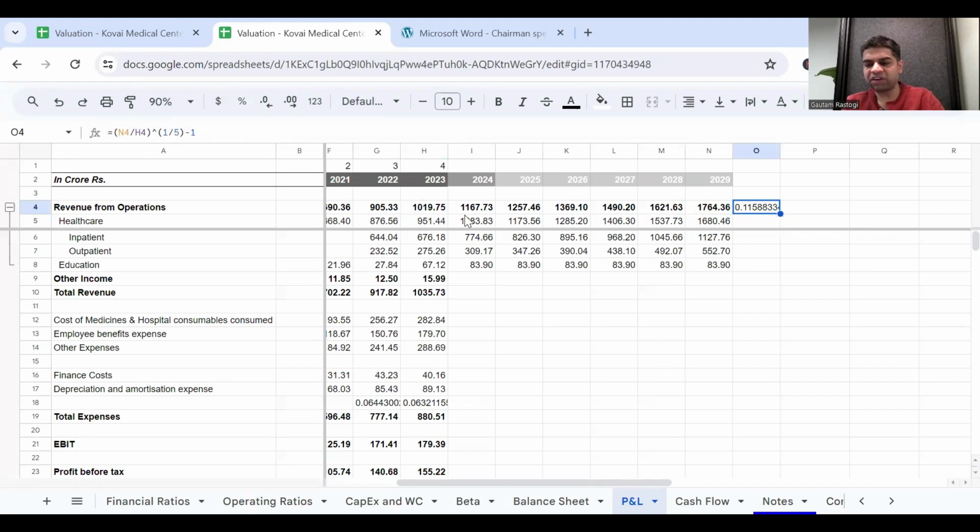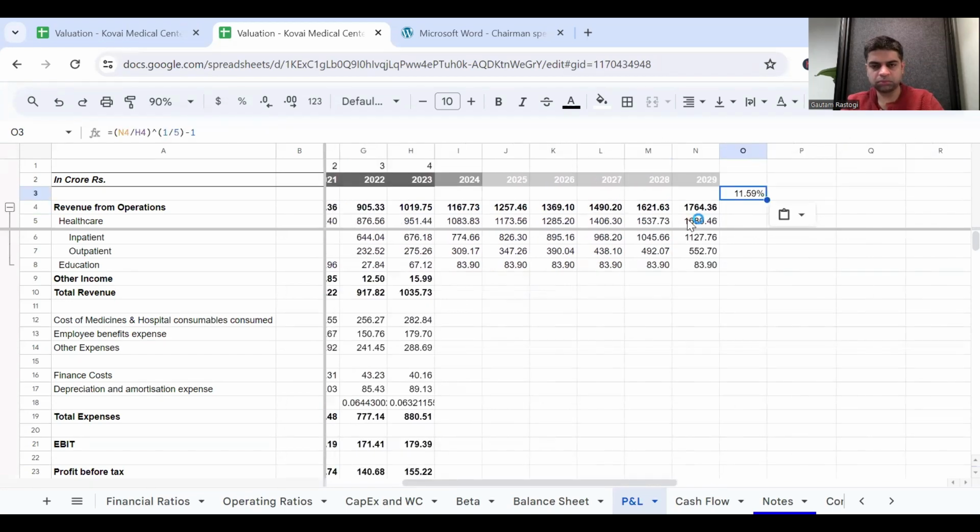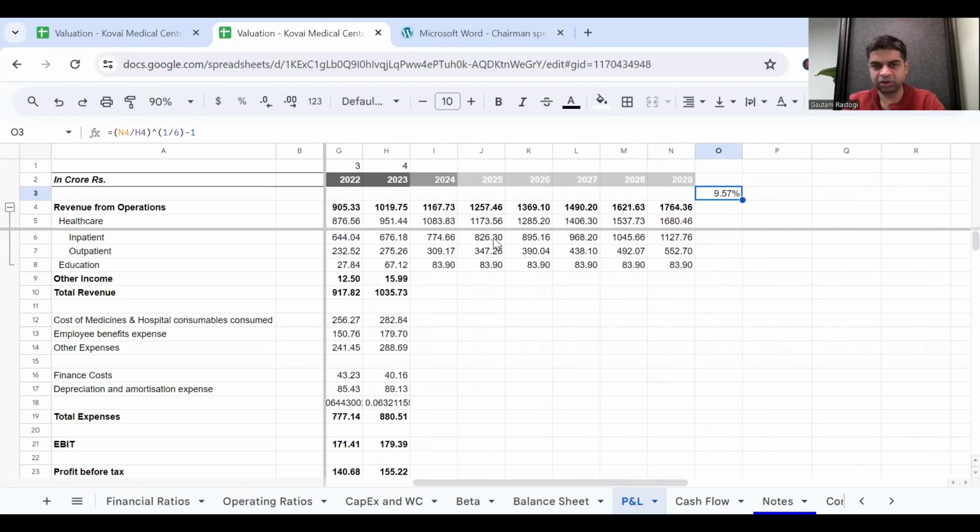It is around 11.5%, around 12%. And let's see what the growth rate was in the prior years. So yeah, this is 9.5%.